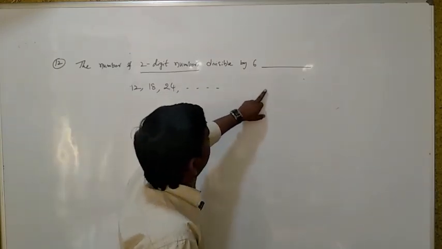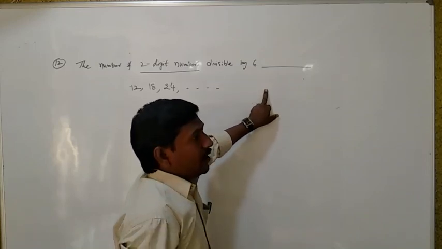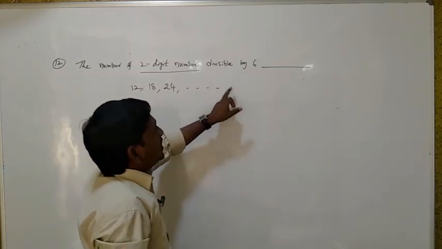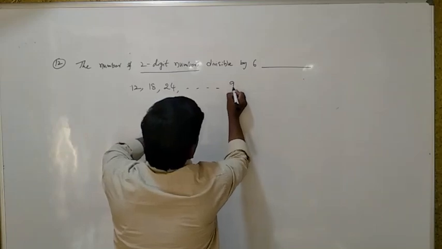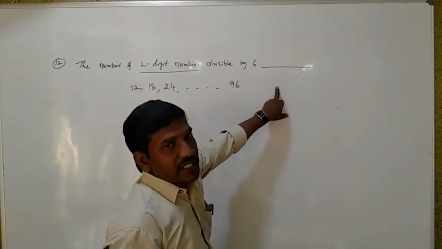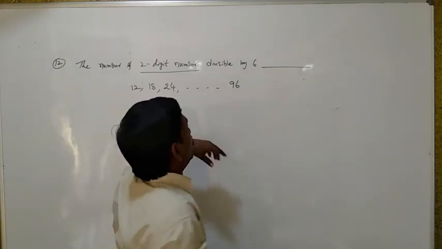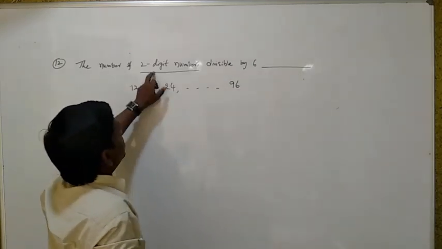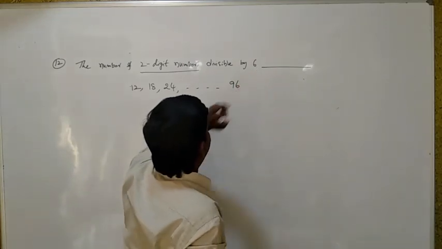The last two-digit number divisible by 6 is 96, since 97, 98, 99, 100, and 100 is a three-digit number. So 96 is the last two-digit number divisible by 6 exactly.